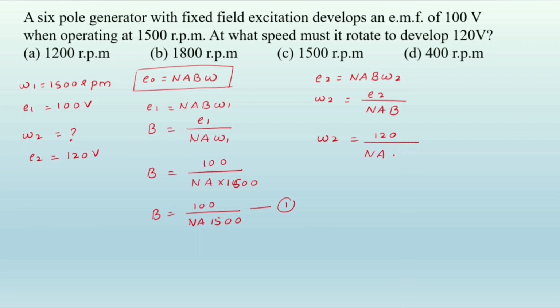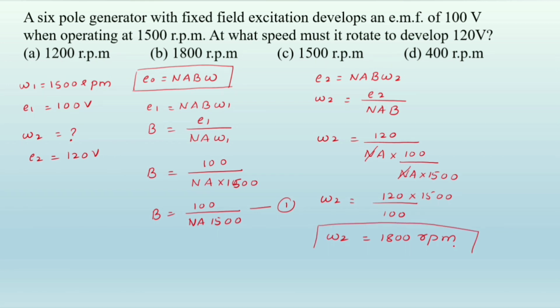So in place of B, we can write equation number 1, that is 100 divided by NA into 1500. So omega 2 equal to 120 divided by, so here NA will get cancelled. So 120 divided by 100, so 1500 will go to numerator. So 120 into 1500 divided by 100, omega 2 equal to 1800 revolution per minute.